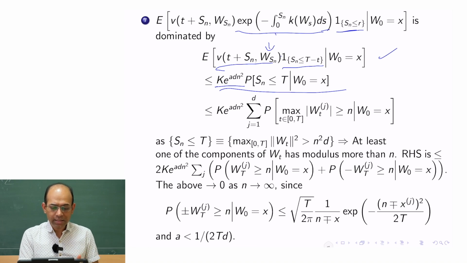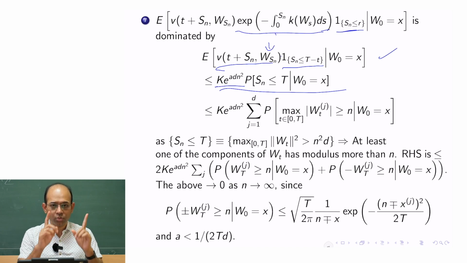Here Sn less than or equal to capital T means that the Brownian motion touches the boundary of the ball before time capital T. That means that if we look at the components of Brownian motion, the modulus of the Brownian motion is more than or equal to n times square root of d.